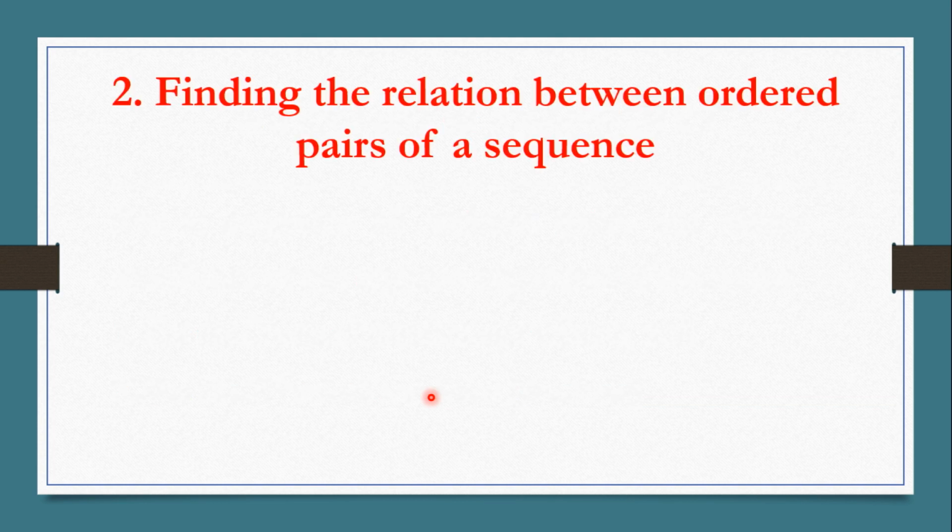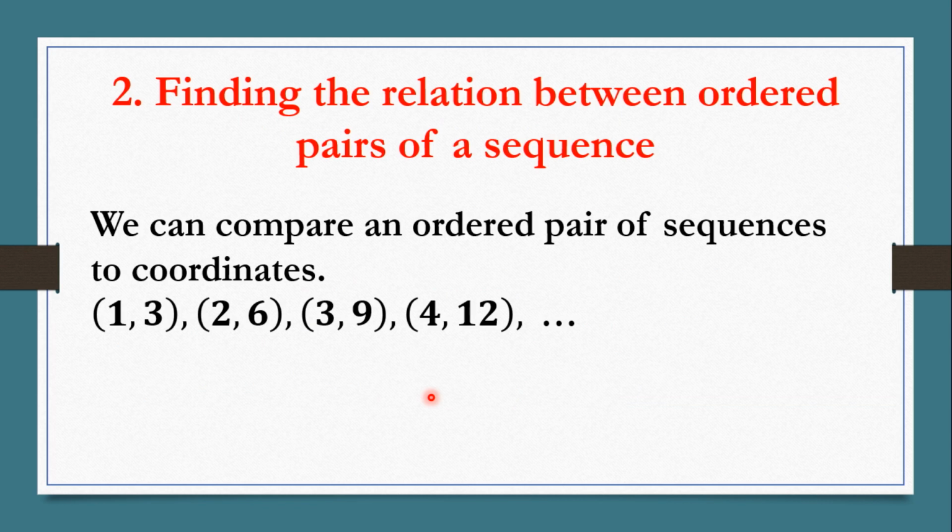We have also learned how to find the relation between ordered pairs of a sequence. We compare an ordered pair of sequences to coordinates. For example, here: (1, 3), (2, 6), (3, 9), (4, 12). So these will be the x, y values. And here, the relation between x and y, we can see that we need to multiply by 3. So I can say that y is equal to 3x.